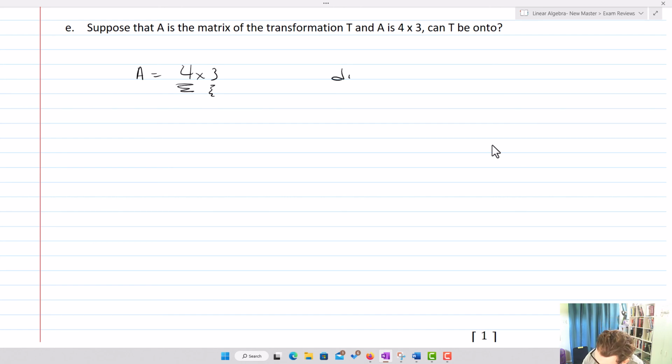So let's say, for example, that dim of V is going to equal 3, and the dimension of W is going to equal 4.